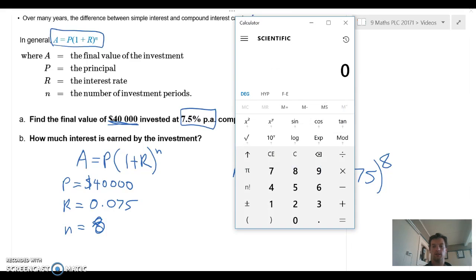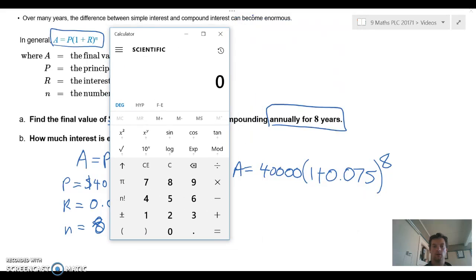And we can simply plug that into our calculator. So we've got 40,000 times bracket 1 plus 0.075 close bracket to the power of 8 equals $71,339.11.